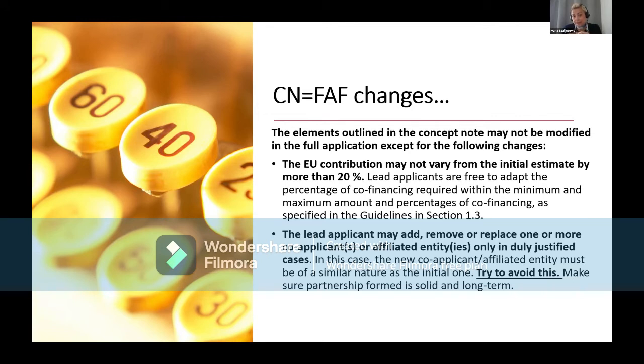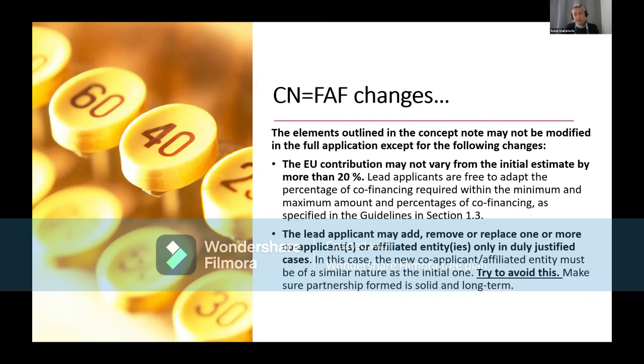Since under Lot 3 it is not obligatory to have a co-applicant, which is on the other hand obligatory for Lots 1 and 2, nevertheless, if you propose in the concept note stage a co-applicant, or maybe even more co-applicants or affiliated entities, then you should basically apply with the same team in the full application stage. Why? Because your concept note was evaluated and scored on the basis of your partnership as well.